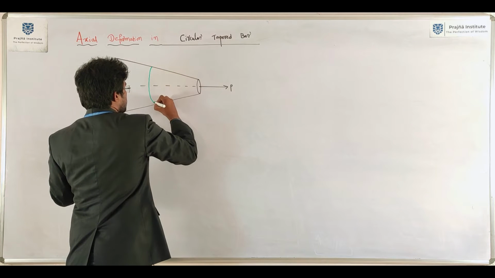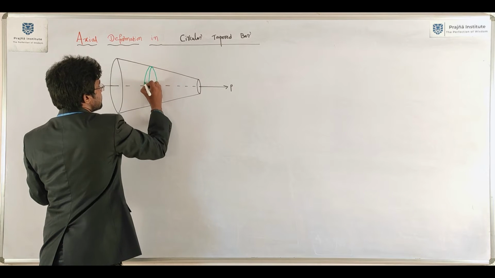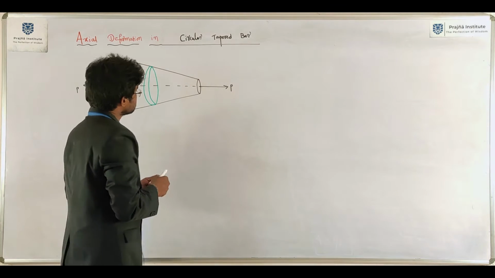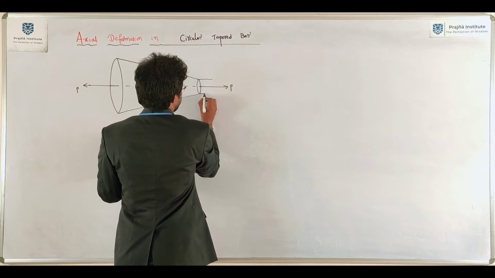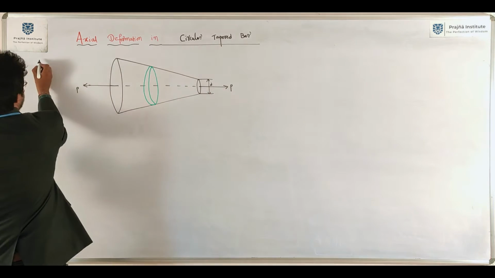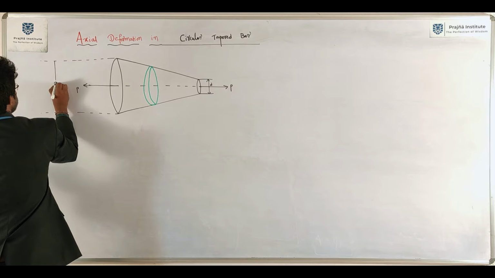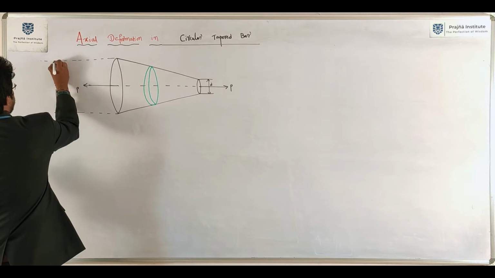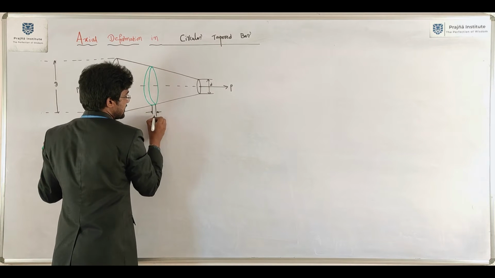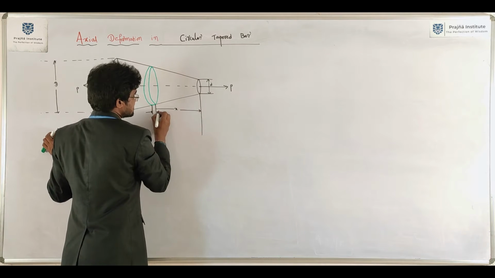Okay, so here from here to here it will be small d, from here to here capital D. Take an element dx, at a distance measured from this end, it is x.